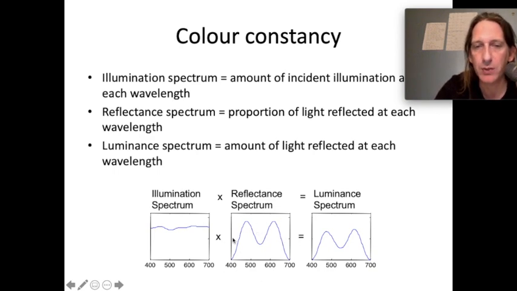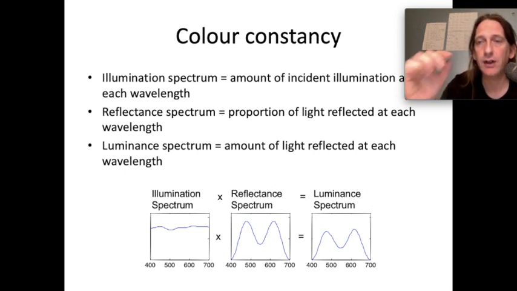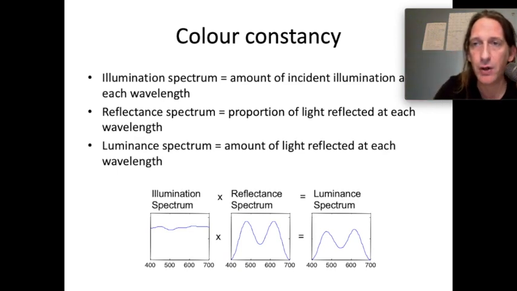So this object, whatever it is, is reflecting wavelengths very strongly at around 480 nanometers, but you can see it's absorbing a lot of the frequencies at around 550. And then luminance is the amount of light reflected at each wavelength. This is what would be received by your eye or by a camera. So you can see that the reflectance spectrum is acting like a filter. It's taking the light that's being shone onto it.